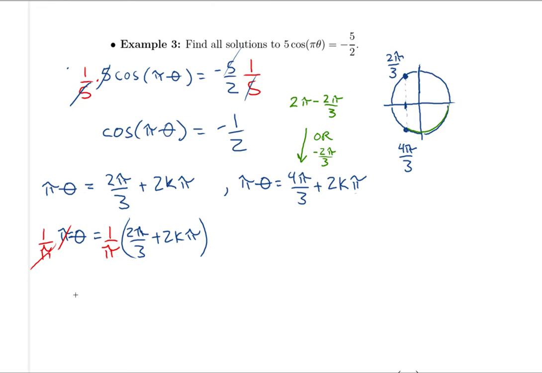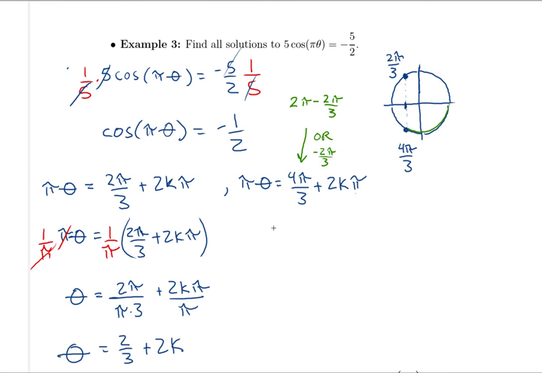And then I distribute it through, and I can see that theta is equal to, well, the pi's would cancel, 2 pi over pi times 3 plus 2k pi over pi. So that's just 2/3 plus 2k, right? So it's the number 2/3 plus multiples of 2.